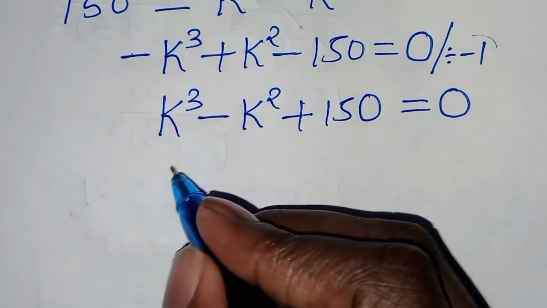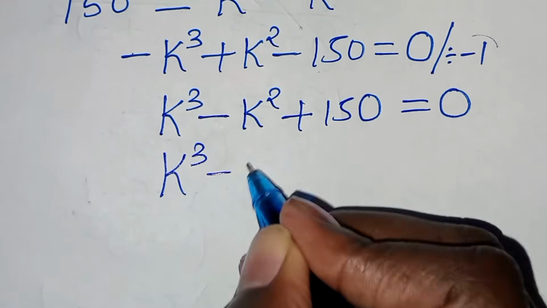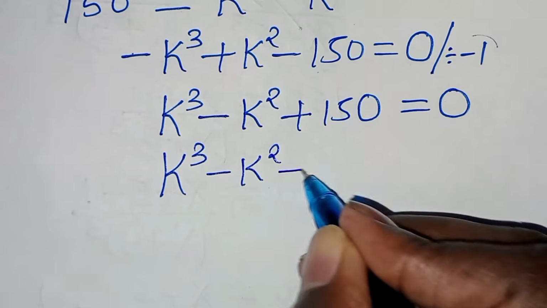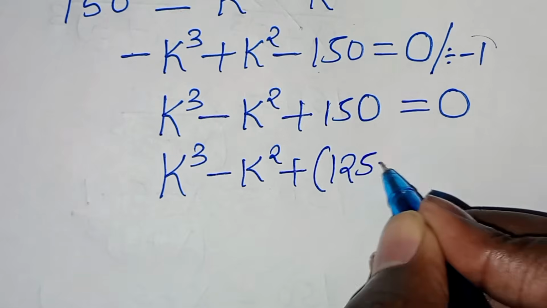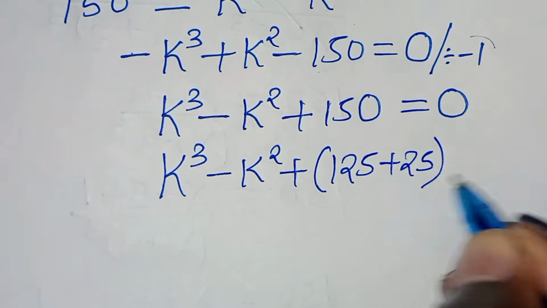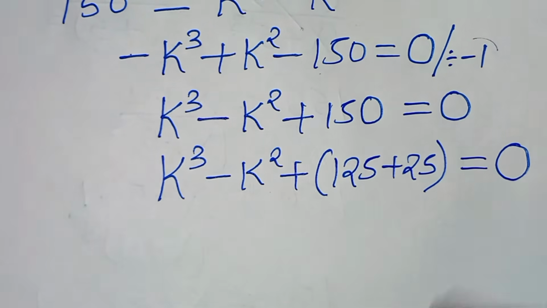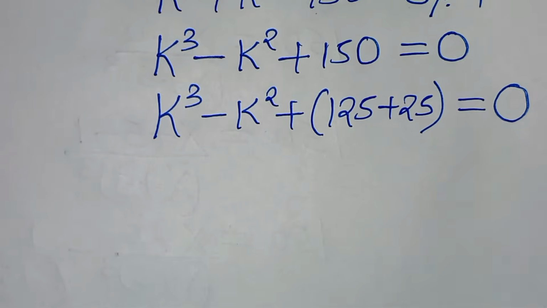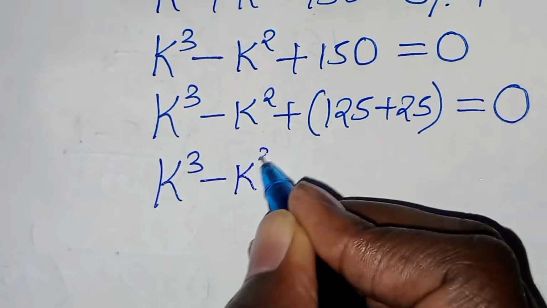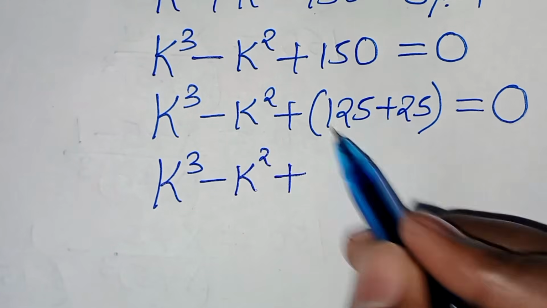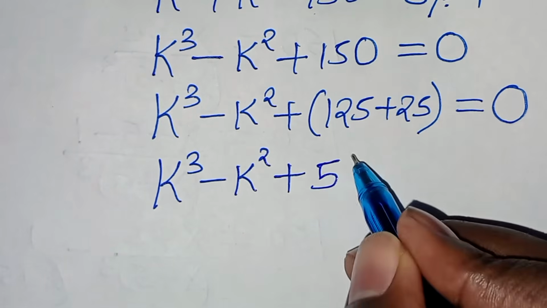The next step is that we have k^3 minus k^2 plus, we can express 150 as 125 plus 25, is equal to 0. Now here we have k^3 minus k^2 plus 125, which can be expressed as 5^3.